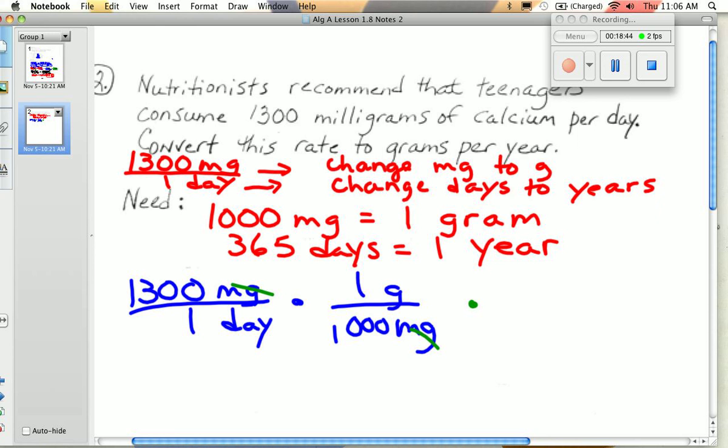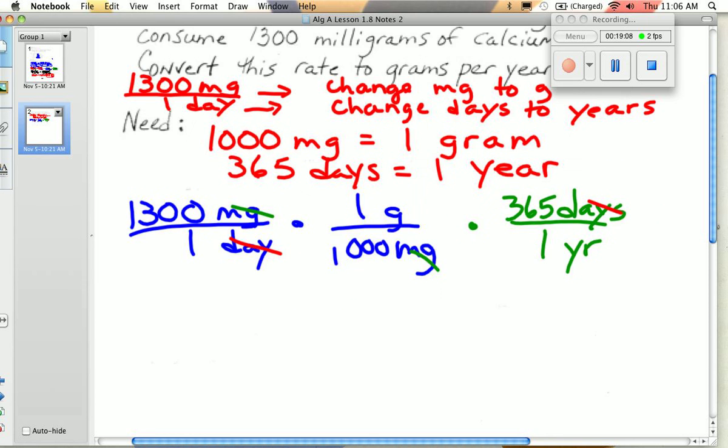What do we want upstairs? We want the days upstairs because they're downstairs over here. So 365 days over 1 year. And now our days will cancel out. We are at grams per year, and that's what we want. So we go back up and make sure, and we're ready to do our multiplying.